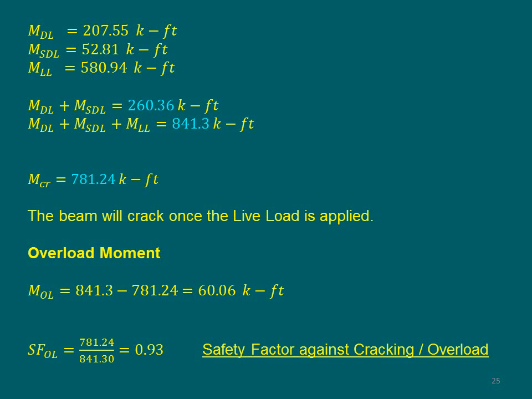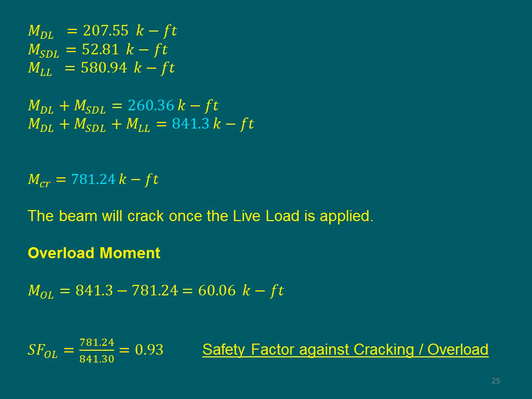Now once you start to apply the live load, once you have it in there, the total service load moment, dead load plus superimposed dead load plus live load, is going to be 841. Now the beam is going to crack. Look here at the total load. Total load is 841, the applied load. The cracking moment is going to be 781.